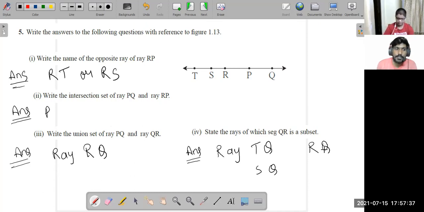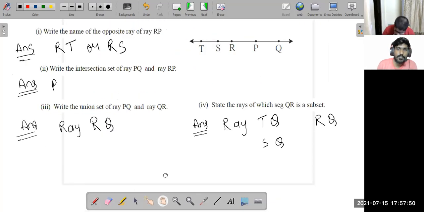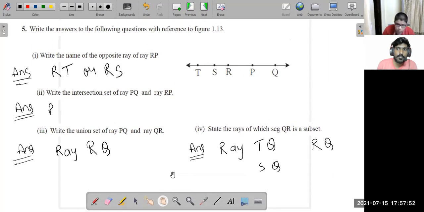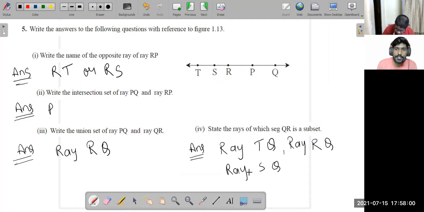So RQ as well. So write it like ray TQ, ray RQ, and ray SQ. They are all rays.